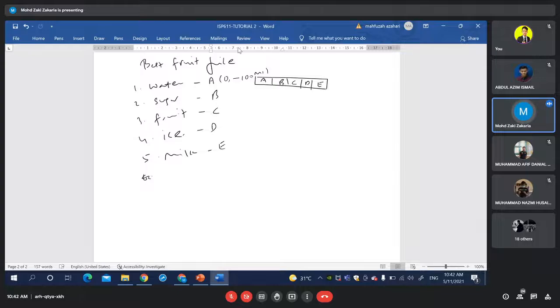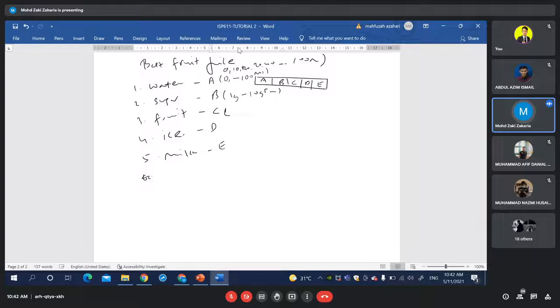So maybe you can put 0, 10, 20, 30, 40, up to 100 ml. Sugar maybe 1 gram to 10 gram for 1 glass.